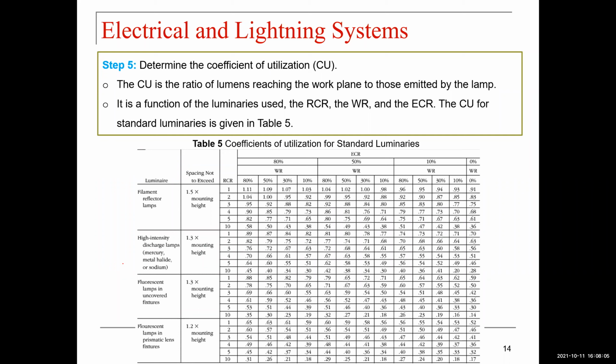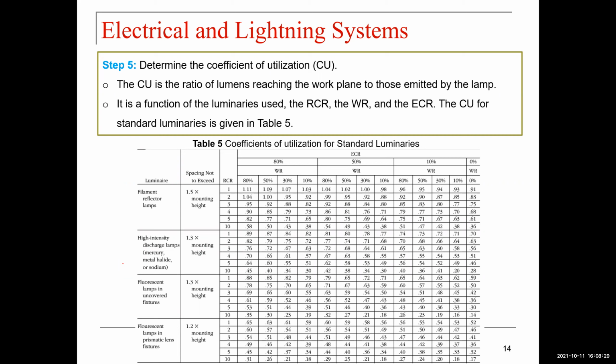Step 5 is to determine the coefficient of utilization. The coefficient of utilization is the ratio of lumens reaching the work plane to those emitted by the lamp. It is a function of the luminaires used, the RCR, the WR, and the ECR. The coefficient of utilization for standard luminaires is given in table 5.